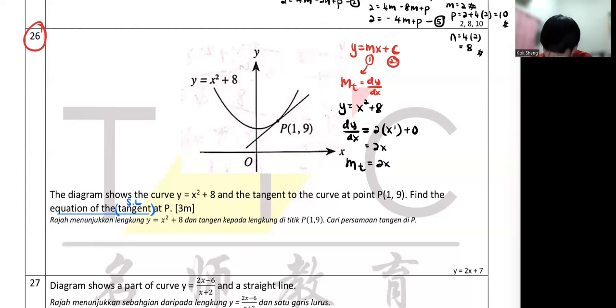Now the mt here, it's not given to you as a number. They're not giving you the gradient, but you know the tangent is at the point P of (1, 9).